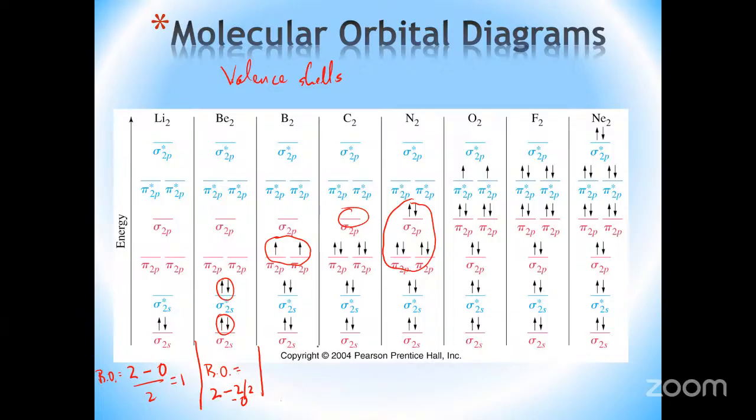In the case of boron, right? To calculate the bond order, the number of bonding electrons would be 2 plus 2, which would be 4, minus the number of anti-bonding electrons, which would be 2, and then we divide that by 2, and that would be equal to what? 1, all right? And so on and so forth. So that's basically how you would determine the bond order for any diatomic molecule, all right?